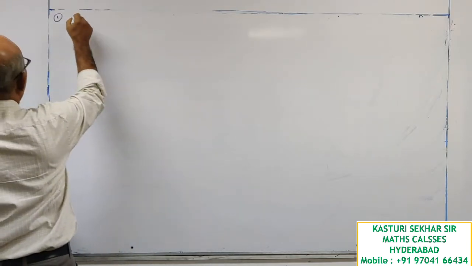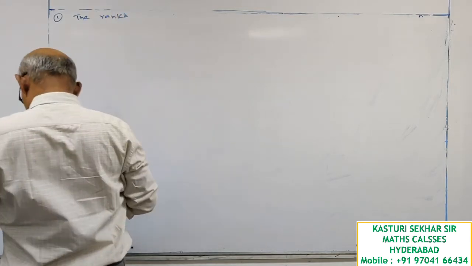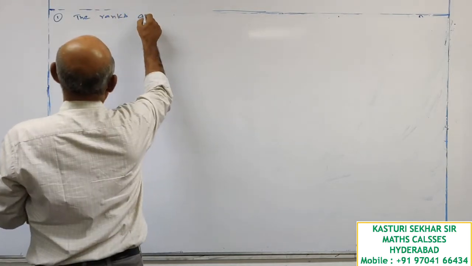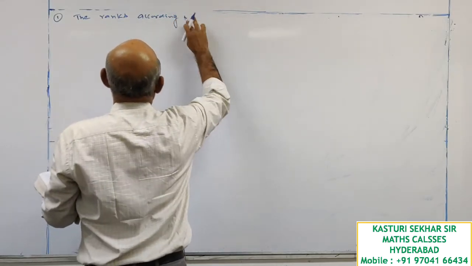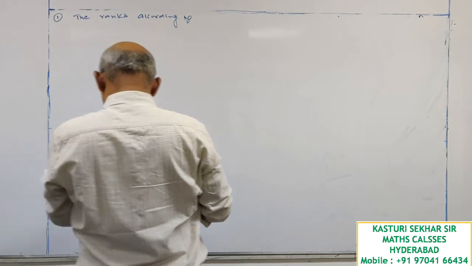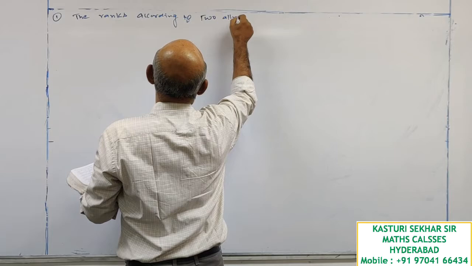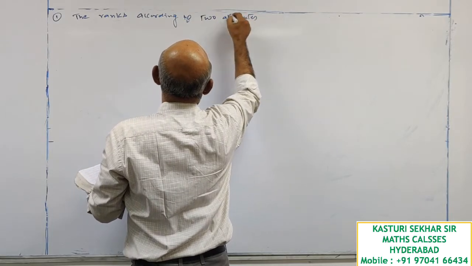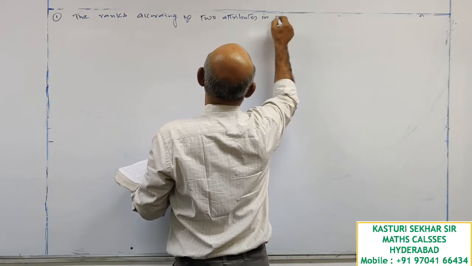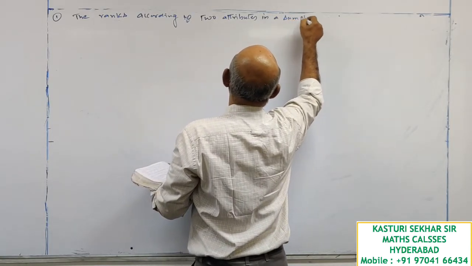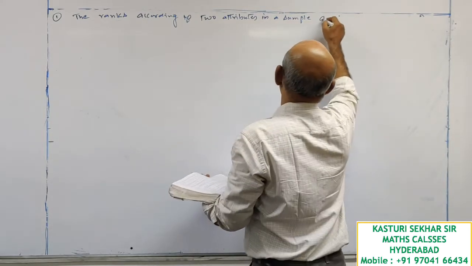Look at the first question. The ranks according to two attributes in a sample are given below.